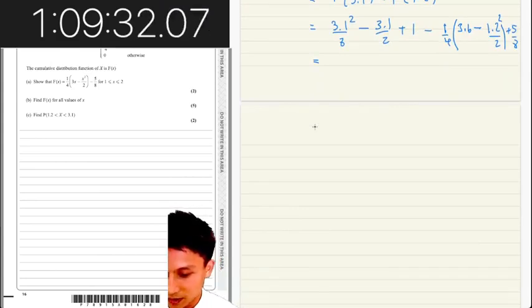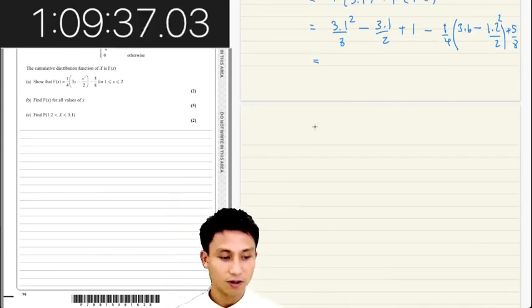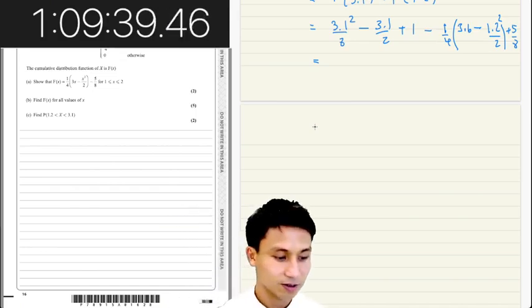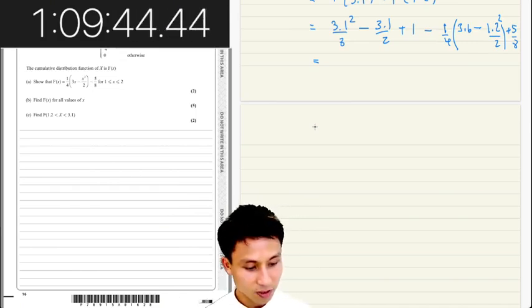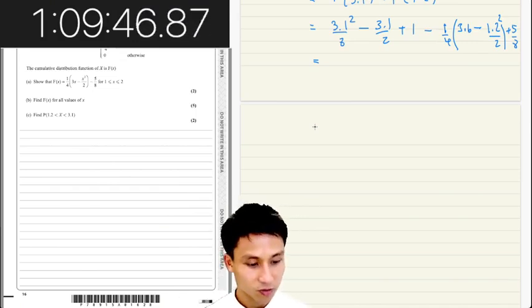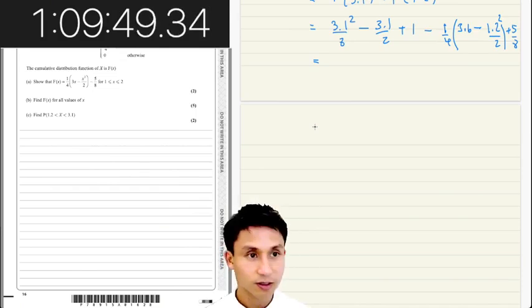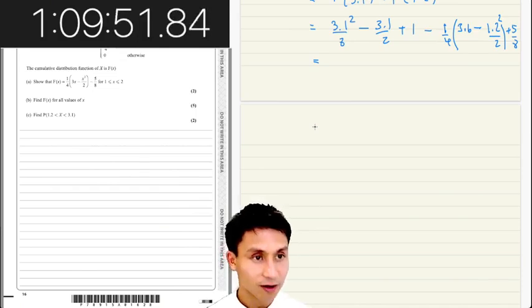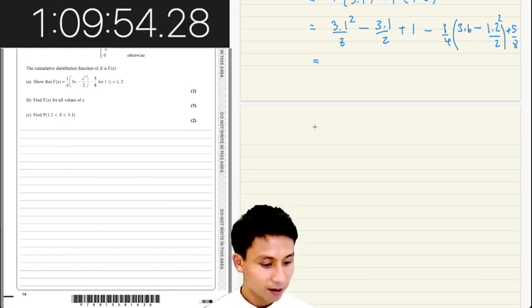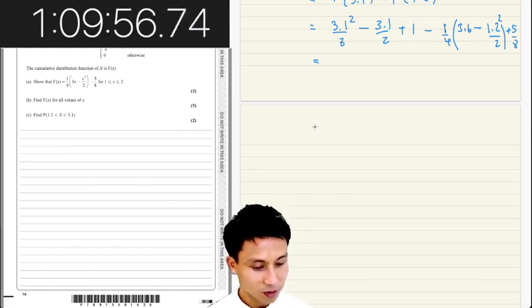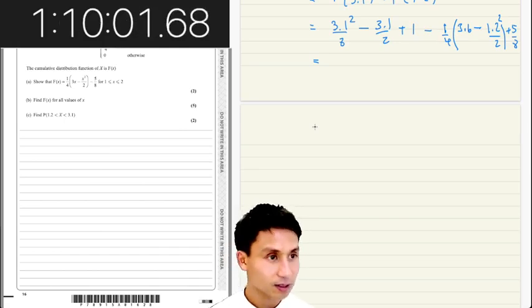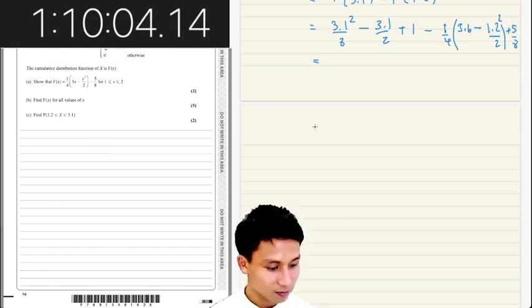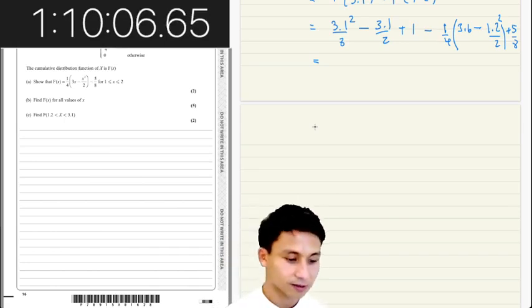So 3.1 to the power of 2 over, let me put my calculator here. Okay, over 8 minus 3.1 over 2 plus 1 minus 0.25, which is 1 over 4. 3.6 minus 1.2 squared over 2, and then close bracket plus 5 over 8.